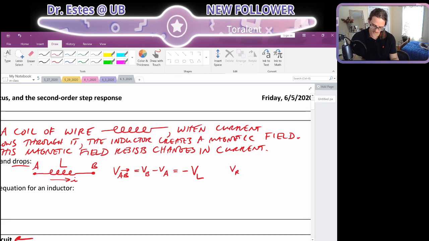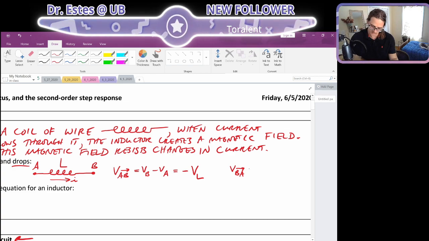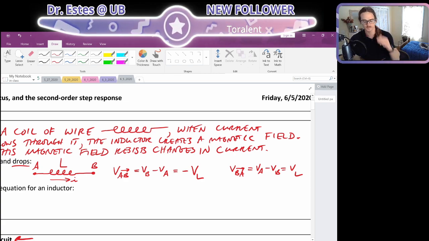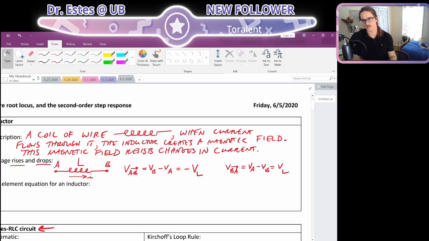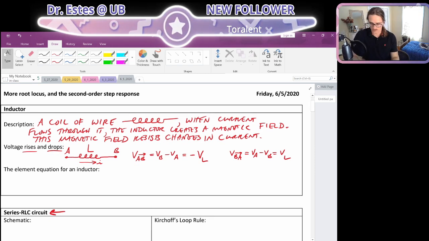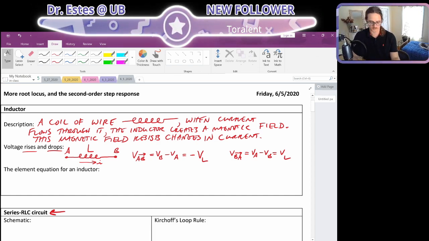Just to be complete, if we were taking a loop from the other direction, we would gain voltage. Now we'll get a little more detail about this VL term using the element equation. This is what we call the element equation for an inductor.